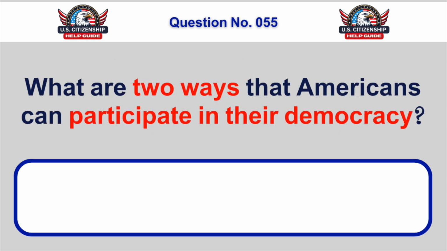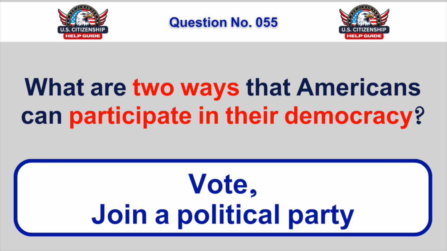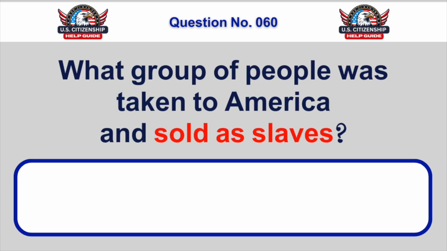What are two ways that Americans can participate in their democracy? Vote. Join a political party. What group of people was taken to America and sold as slaves? Africans.